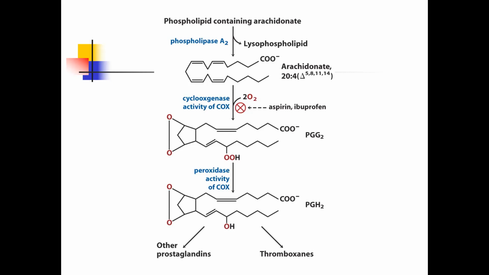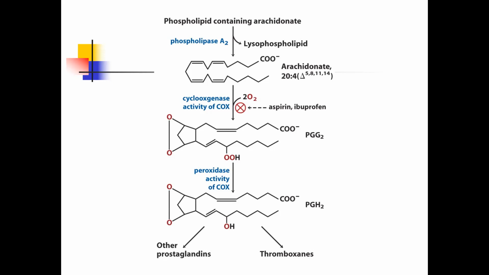You could see that is not going to be very stable. And this, therefore, is an intermediate, and the reaction is a two-step reaction that goes from arachidonate to prostaglandin G2, then prostaglandin H2.